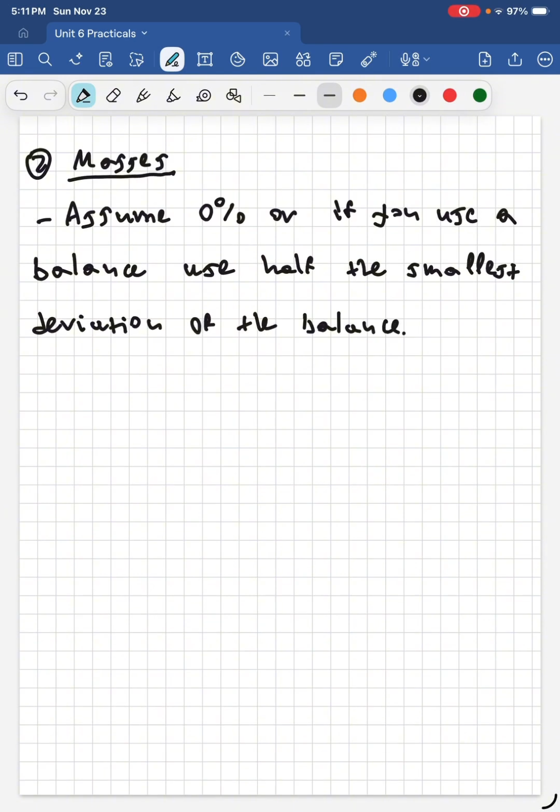So for example, if the trolley is 0.5 kilograms and your scales have a smallest deviation of 0.1, then you have to use 0.05 kilograms.